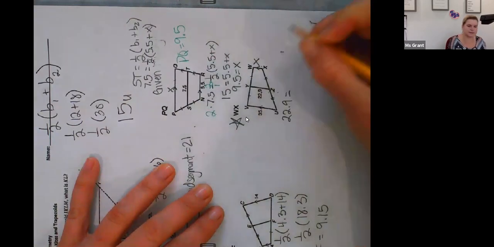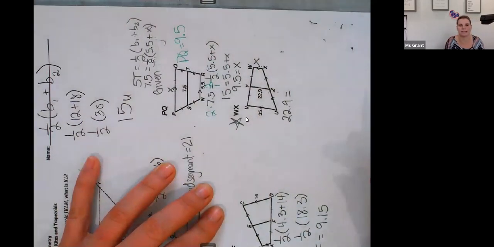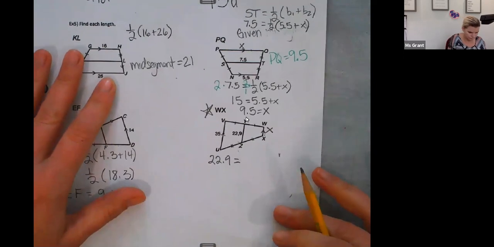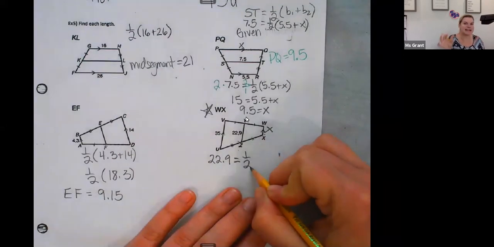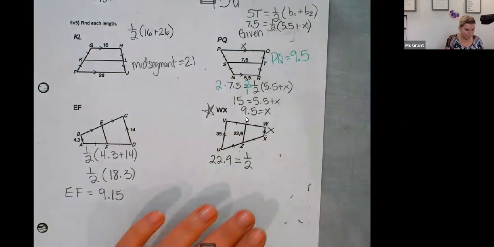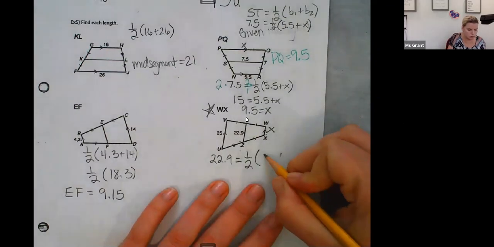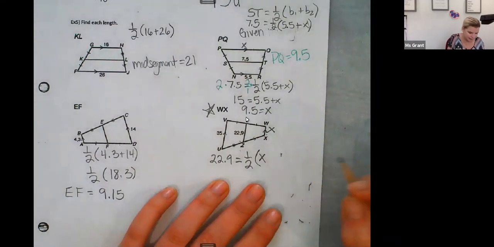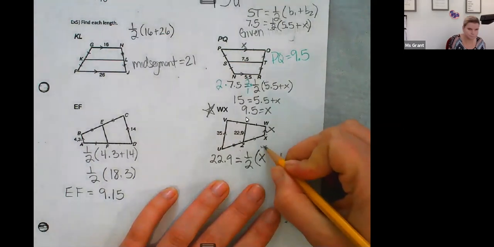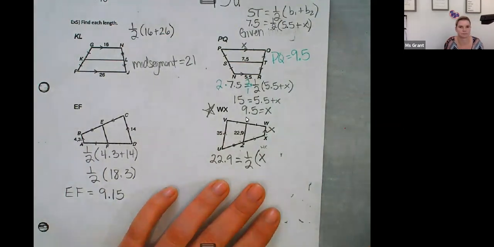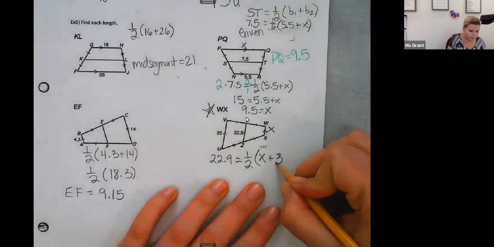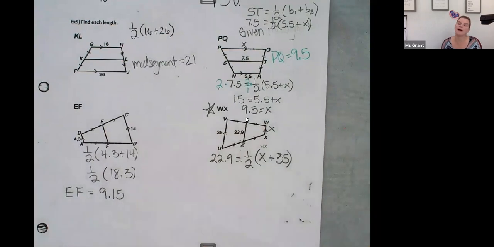This is going to be X, WX, that skinny. So ready? 1/2 base 1 plus base 2. Base 1, I always do the shorter one for that. That's WX, plus base 2, 35. So my unknown is inside the parentheses. It's one of the bases. So I'm solving for one of the bases.